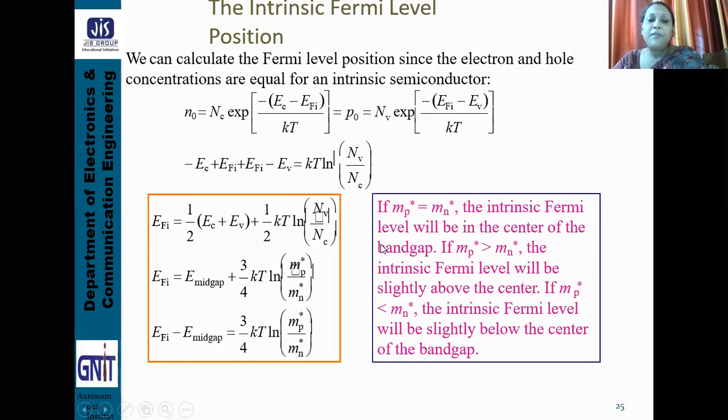Now, we can replace this NV and NC by the effective mass also, as shown here, and this EC plus EV has been replaced by E mid gap here.